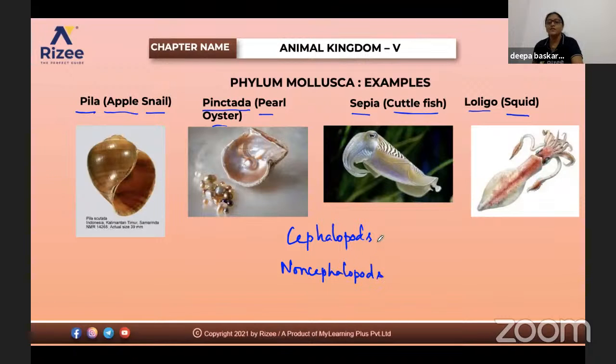We have already discussed this, I think. Cephalopods means the head has legs, that is, legs attached to the head.